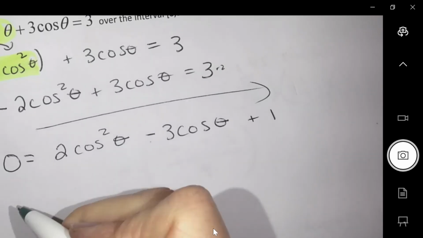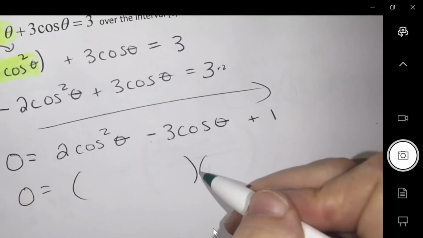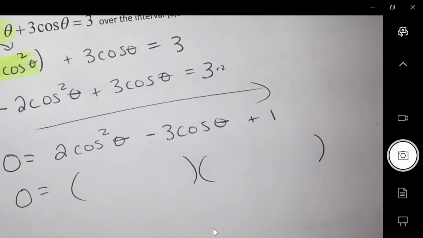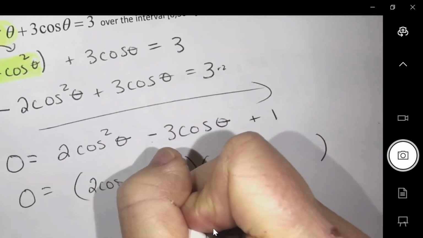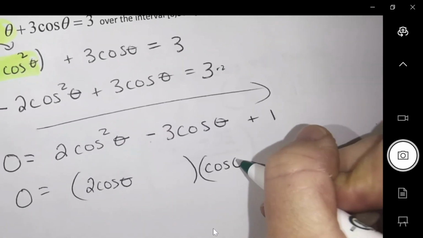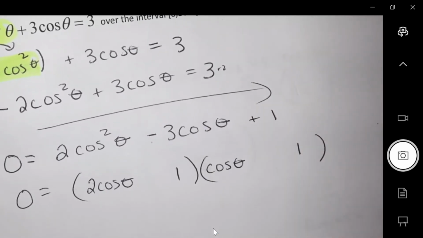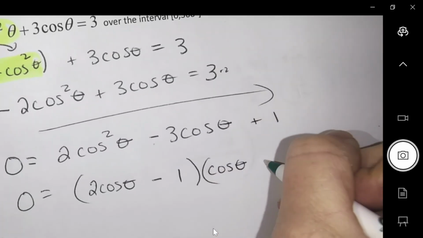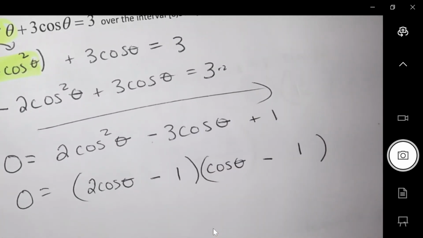Okay, let's see if this factors. If it doesn't factor, what would I do? Quadratic formula. Okay, don't forget that. Sometimes I give you too many factoring things that you forget that. So 2 cos and a cos. Well, that has to be a 1 and a 1. Does it end up working? I think that would get me there, right?